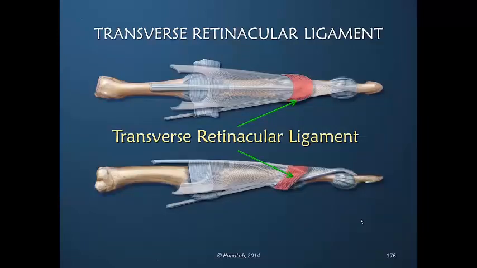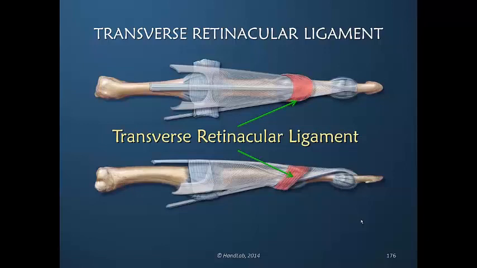The transverse retinacular ligament may appear insignificant until pathology is present. The primary role is to prevent the dorsal movement of the lateral bands. This dorsal movement can only occur when the PIP joint is hyperextended.